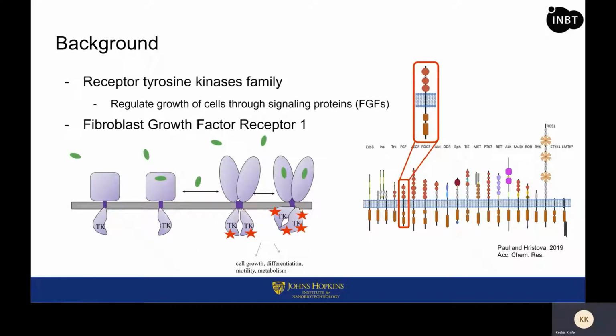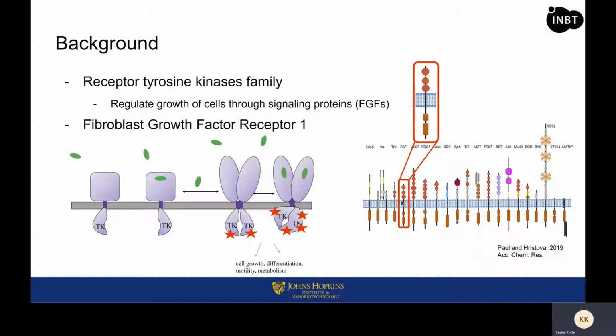So first, some background. Receptor tyrosine kinases, or RTKs, are transmembrane receptor proteins, and there are quite a few of them, as you can tell by this illustration here on the right. But this research is focused on fibroblast growth factor receptors, also known as FGF receptors, shown right here.